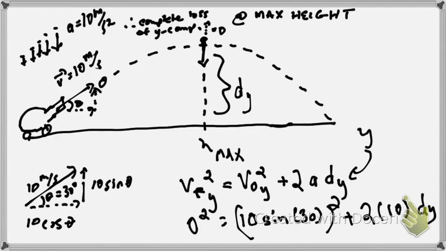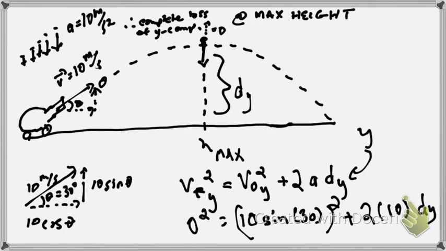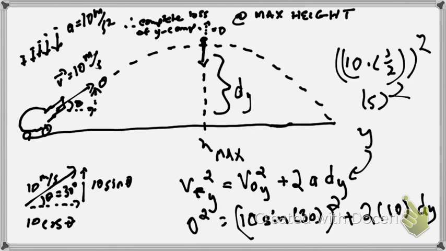All right, so now let's look at this. So 10 sine 30. The sine of 30 is 1 half. So we have 10 times 1 half, squared. So that's 5 squared. 10 times 1 half is 5, squared, 25.